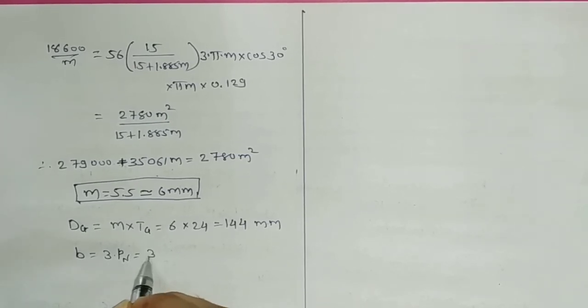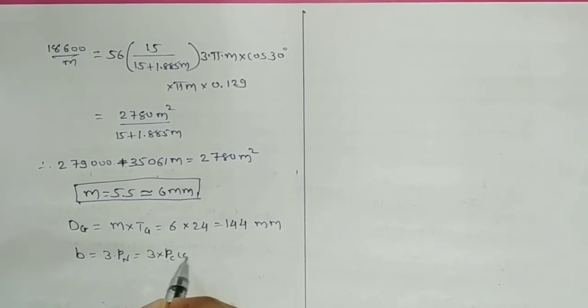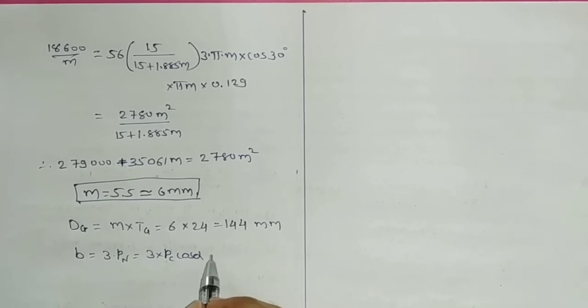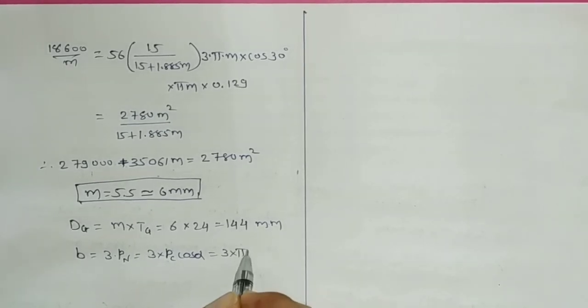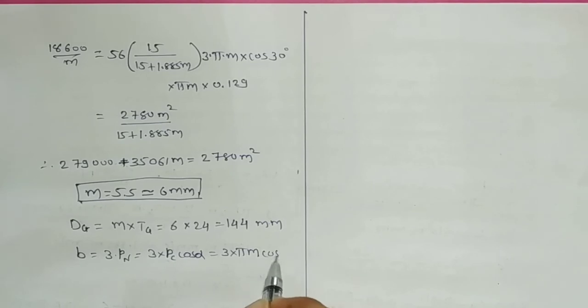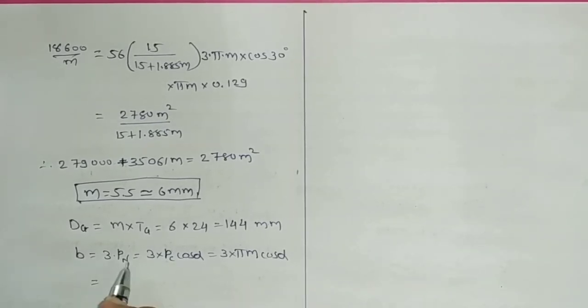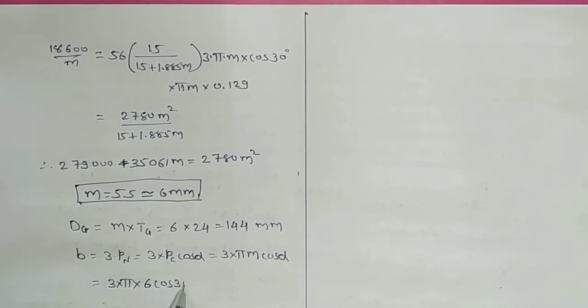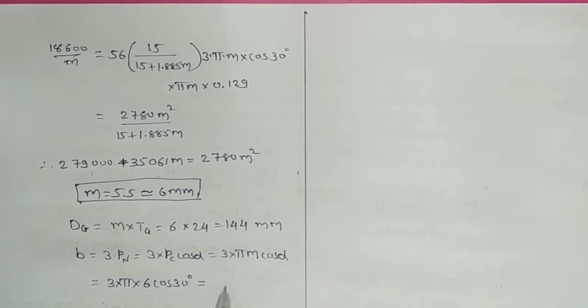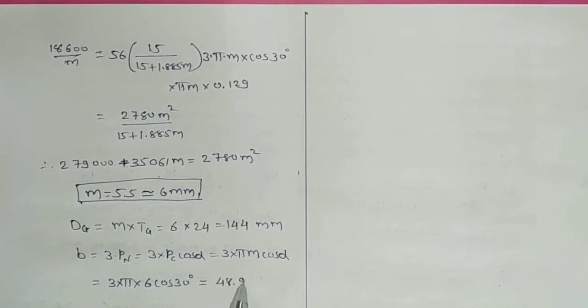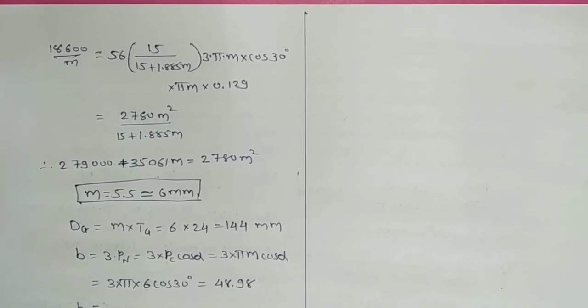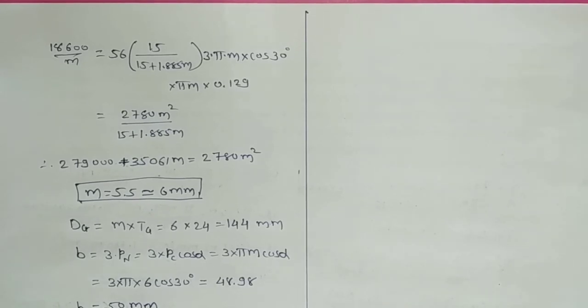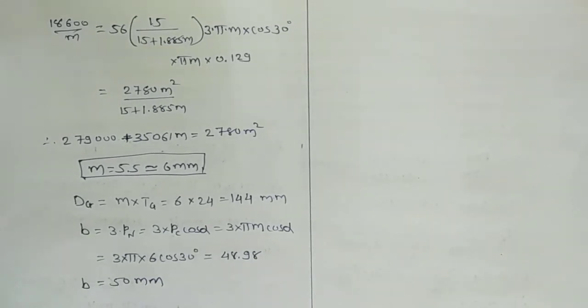Okay, so 3 into PC cos alpha is equal to 3 pi m cos alpha. So therefore 3 into pi m is equal to 6 into cos 30. So therefore you will get 48.98. Say B is equal to 50 mm. Okay, this is our answer. B is equal to 50 mm.